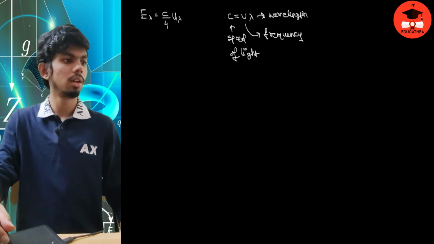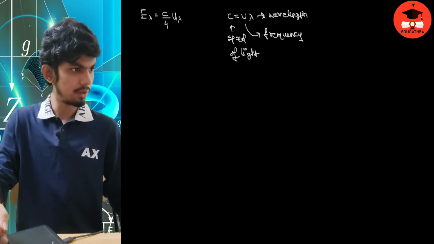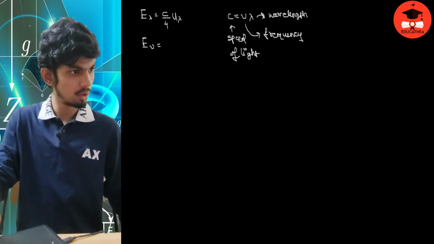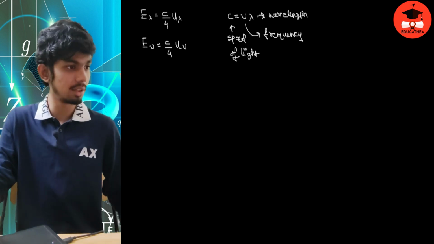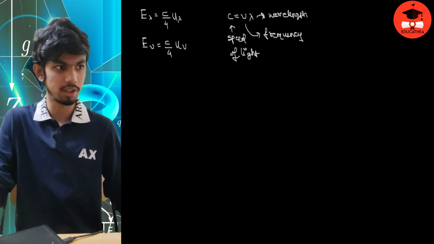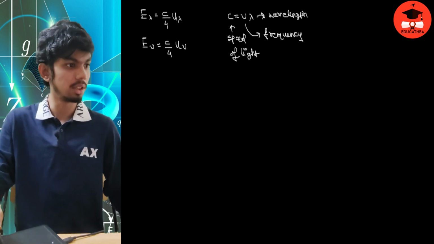So what we can do is interchange lambda and mu and get an equivalent expression for E mu, which is basically C by 4 U mu. Now notice nothing will change essentially in this expression because there is no lambda or mu in this particular expression. So just the subscript will change, nothing else will change.